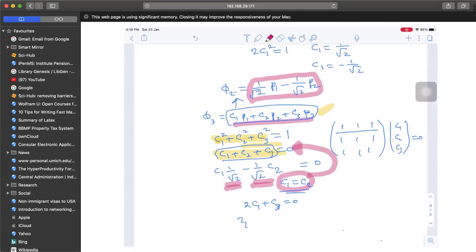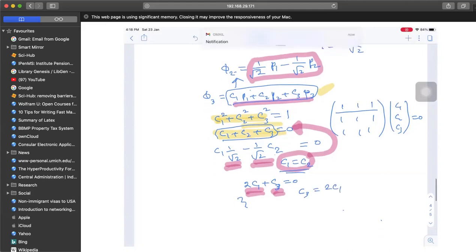So you will get 2 times C1 plus C3 is equal to 0, which means that C3 must be equal to minus 2C1.